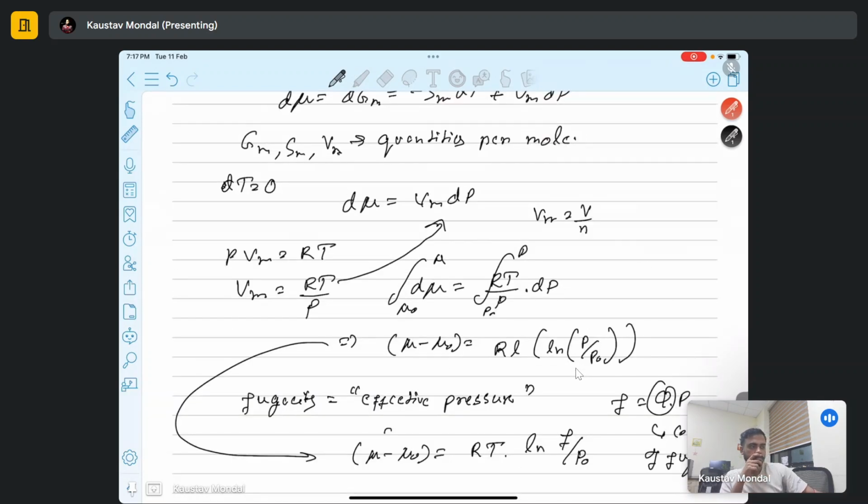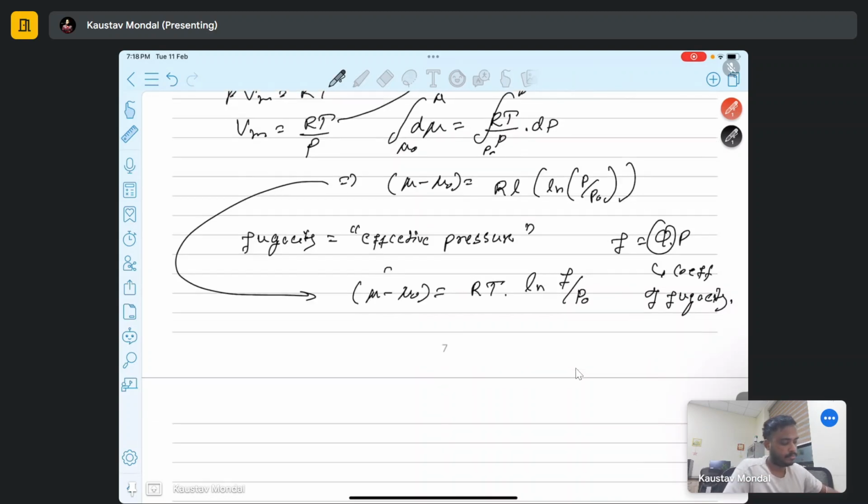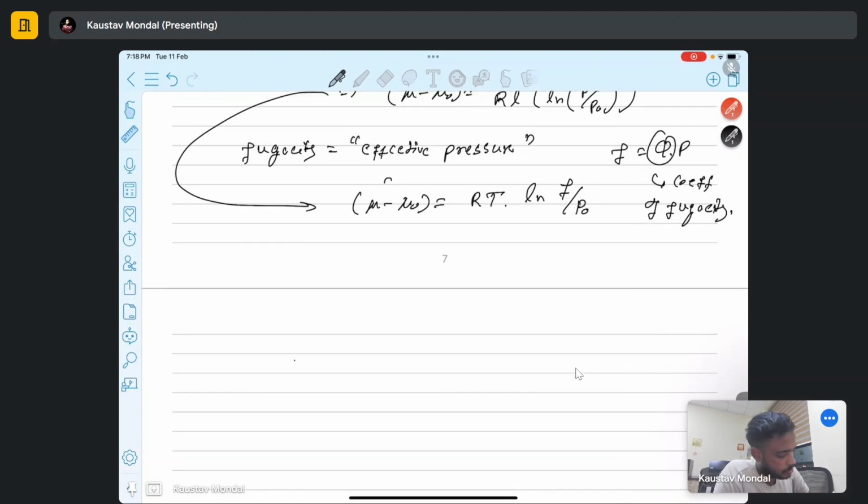So now come back to the problem. For our problem we have to use this relation. Okay, so just rewrite this equation: mu equal to mu 0 plus RT ln F by F0.